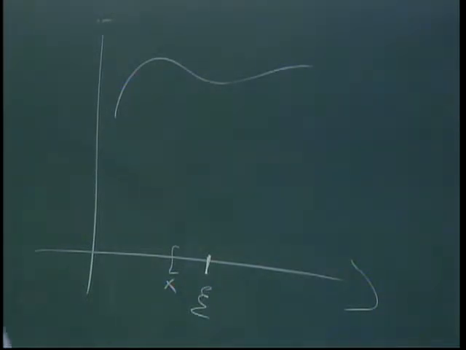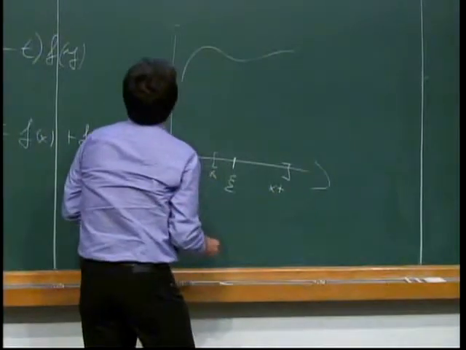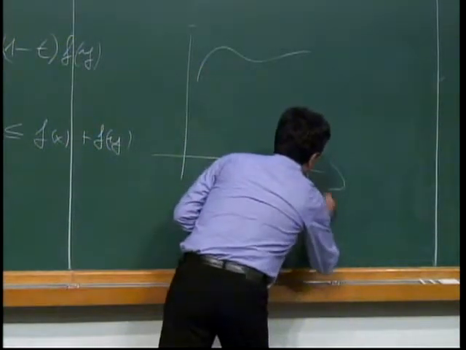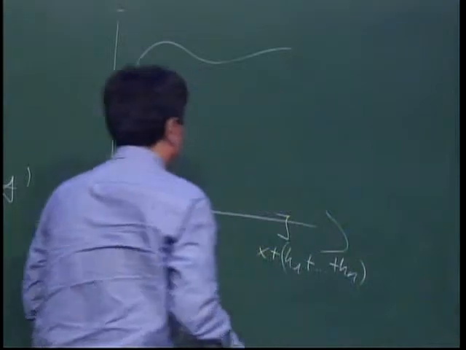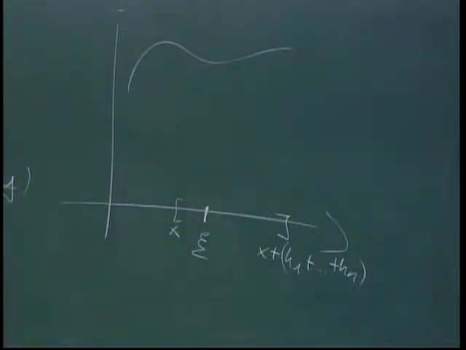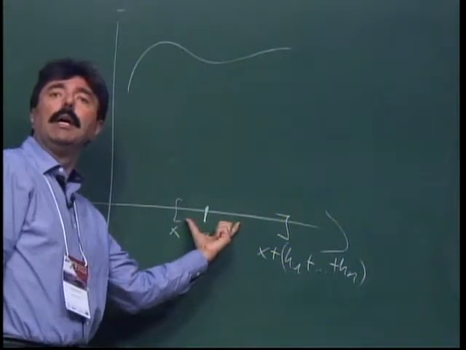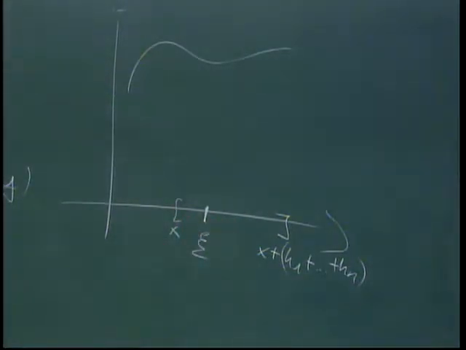And the endpoint of the interval, which is x plus h1 plus and so on plus hn, is here. And we consider this limit inferior in the case that these endpoints of the interval are approaching xi.